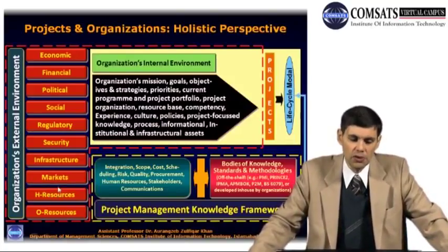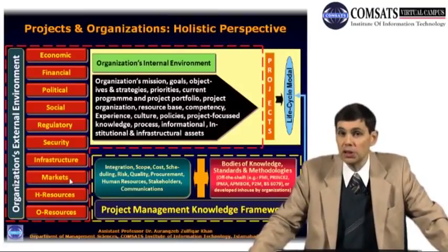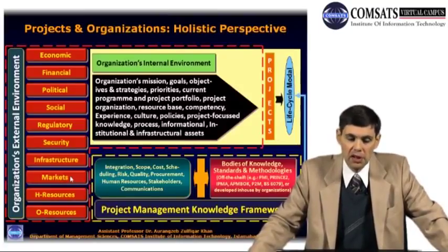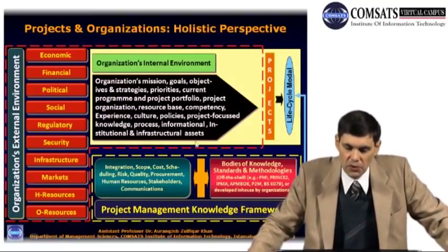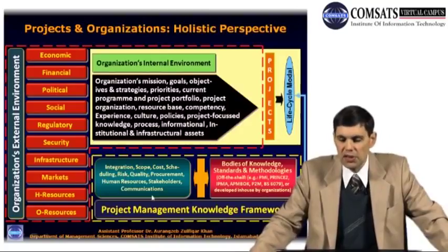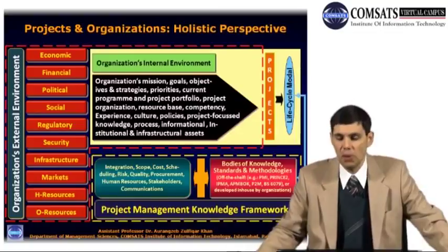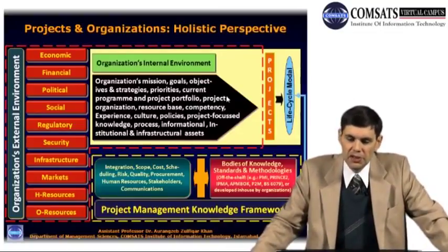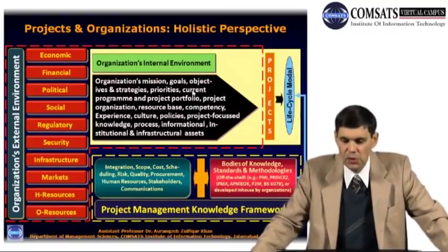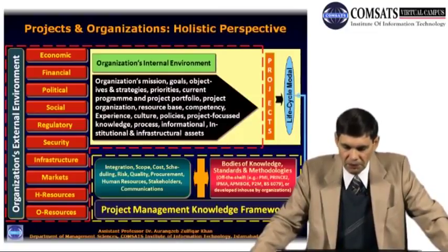If you look at the human resources, if you look at the markets, if it's commercial projects, the markets which are there, the suppliers and the vendors and so forth. So there's a very large community of stakeholders over here. There is a community of stakeholders over here, and of course there is a community of stakeholders over here. So you have all these interfacing points between different sets, different communities of stakeholders.